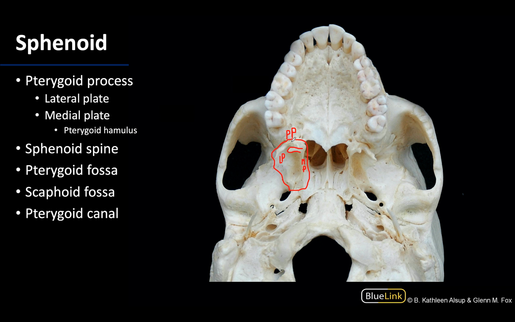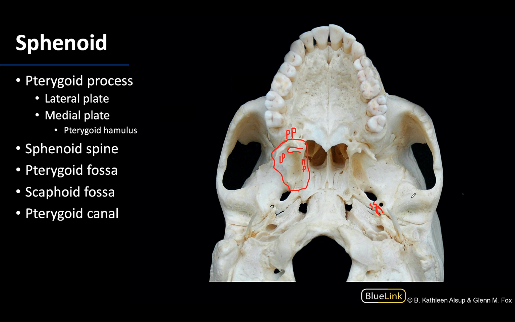Okay. We'll come back to this region in just a moment, but let's take a break to find the sphenoid spine, and I'm going to outline the sphenoid spine right in this region. And this one's a little bit more difficult to see. It's on a much smaller scale than, say, some of those pterygoid plates.